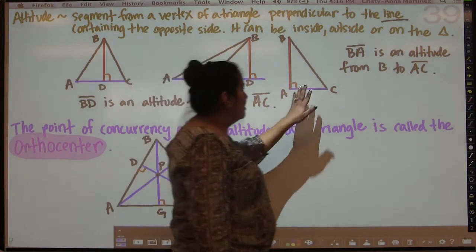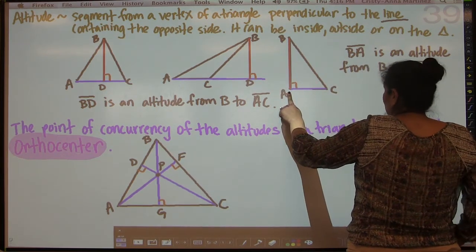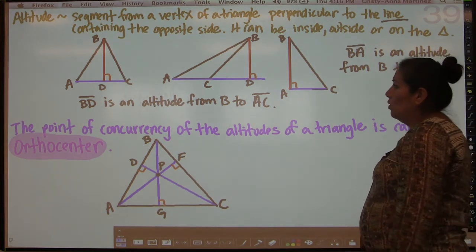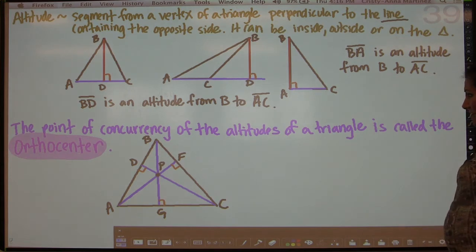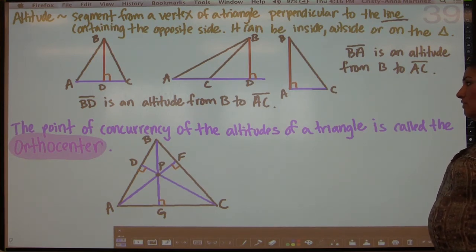And then of course the last diagram says BA is actually a side of the triangle, but it also is the altitude from B to AC. So there we go. The point of concurrency of the altitudes, we don't have an orthocenter theorem like we did in the other 3 cases, but they are concurrent. So the point of concurrency of all the altitudes of the triangle is called the orthocenter.